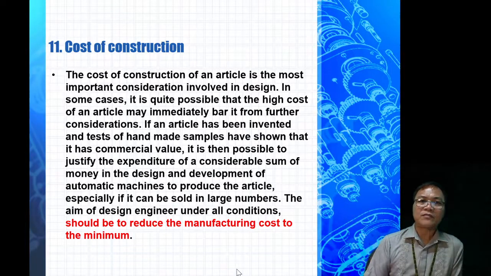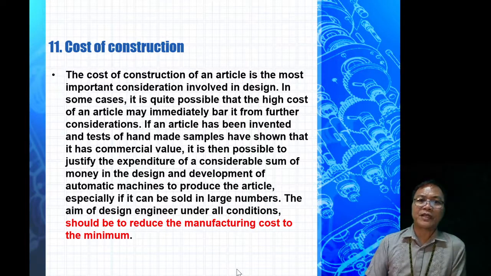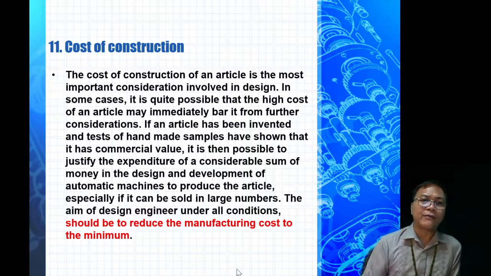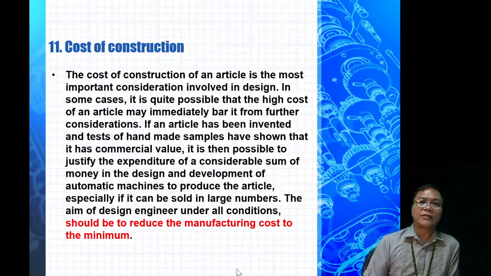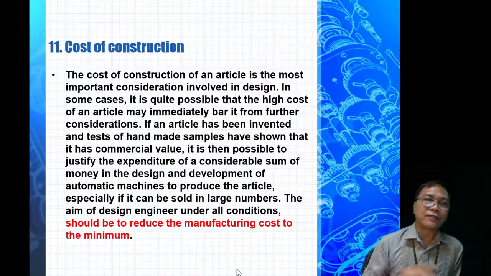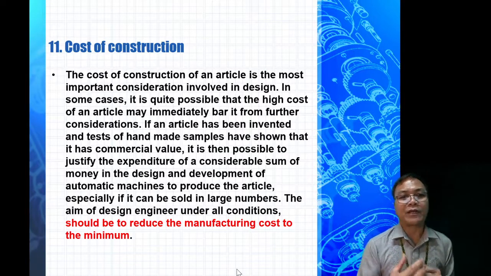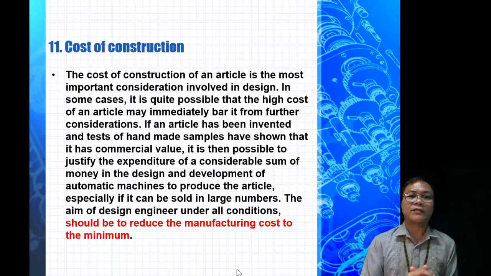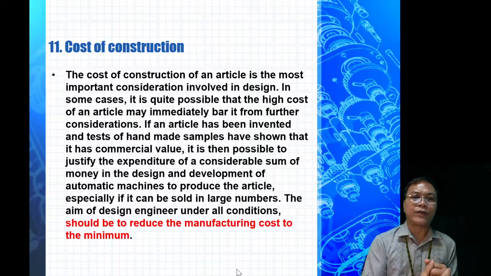So in this case, it says here, if an article has been invented and tests of handmade samples have shown that it has commercial value, then it is justifiable to develop machines for that specific purpose, to produce the product.